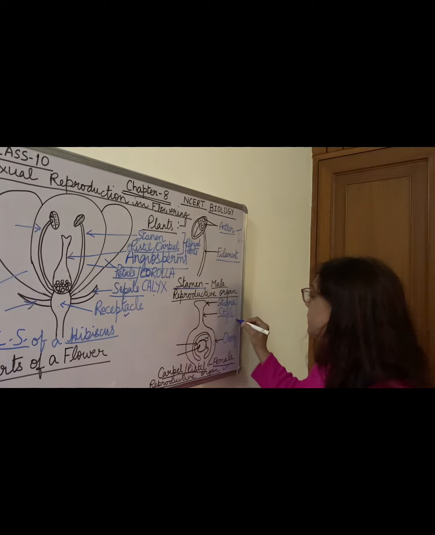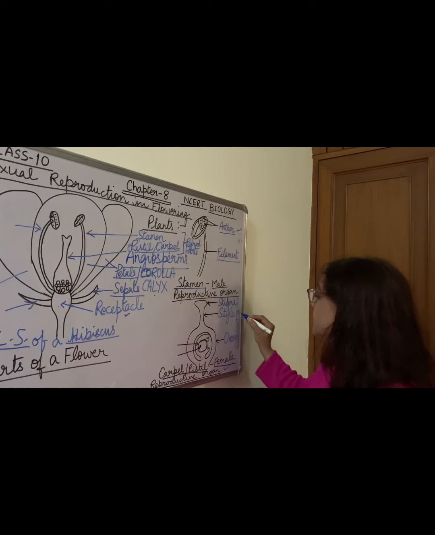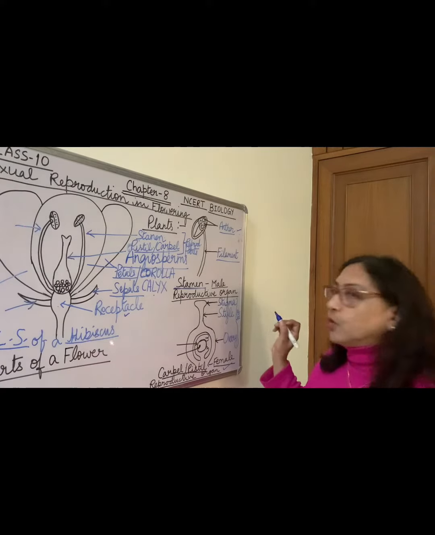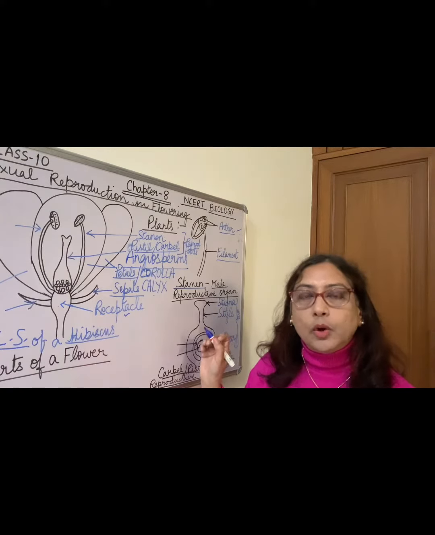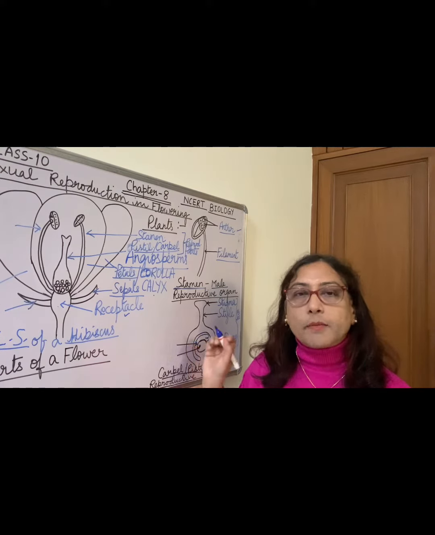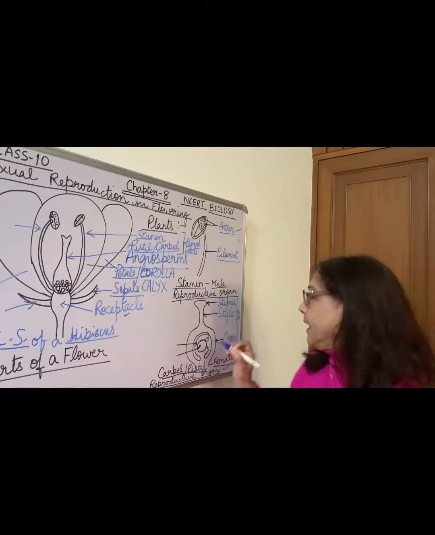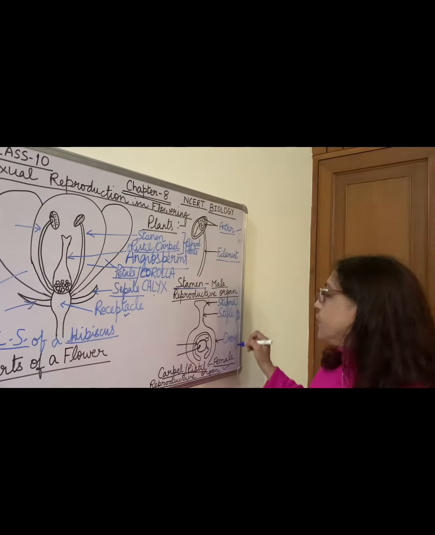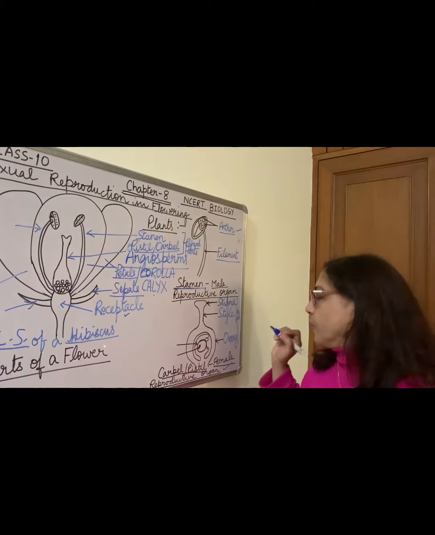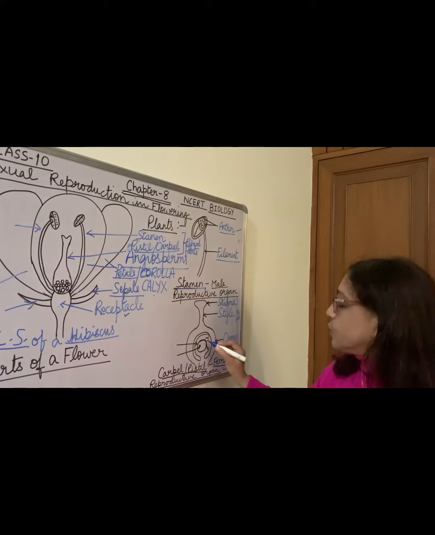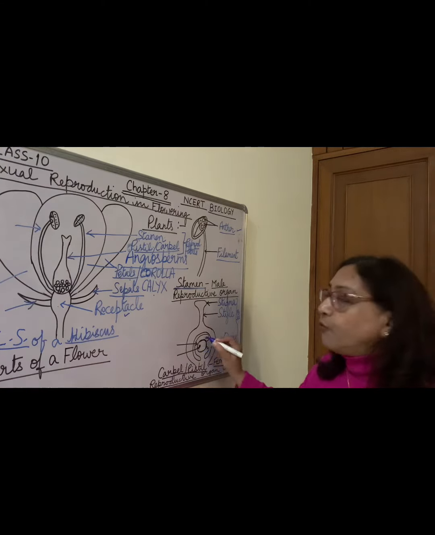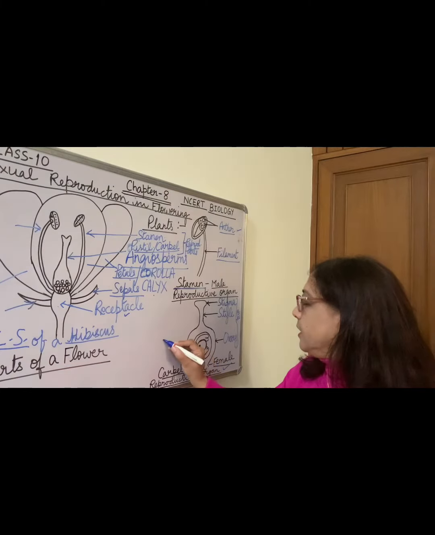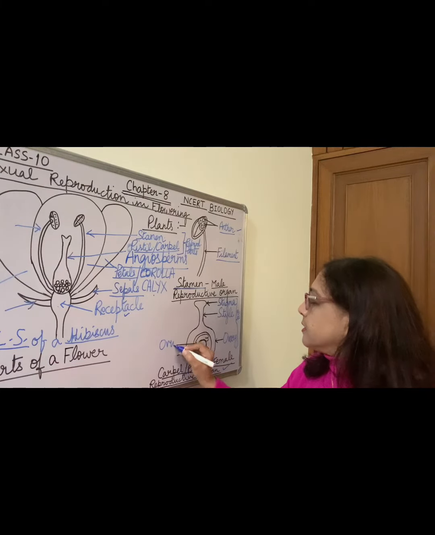So together these three parts make the pistil, or the carpel. If anybody asks you how many parts a carpel or a pistil has, you will say a pistil or the carpel has three parts, and they are stigma, style, and the ovary. Now this ovary contains ovules.